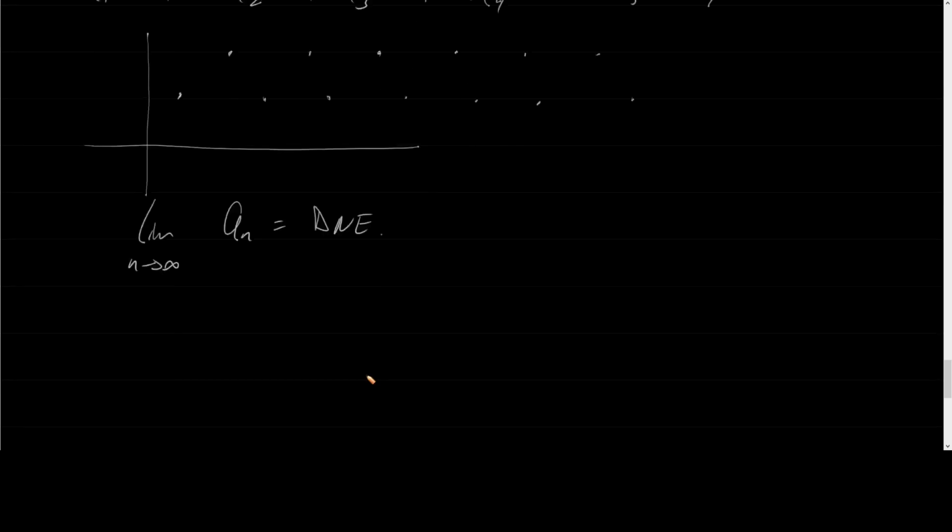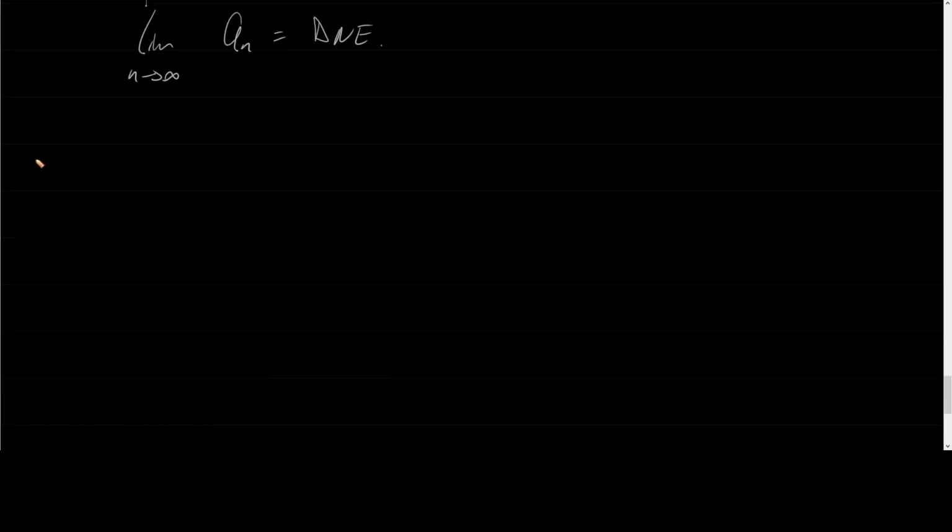So that was G. H. Let's say that b sub n is equal to n over 1 minus 2n. So what we really need here is the limit as n goes to infinity of n over 1 minus 2n.